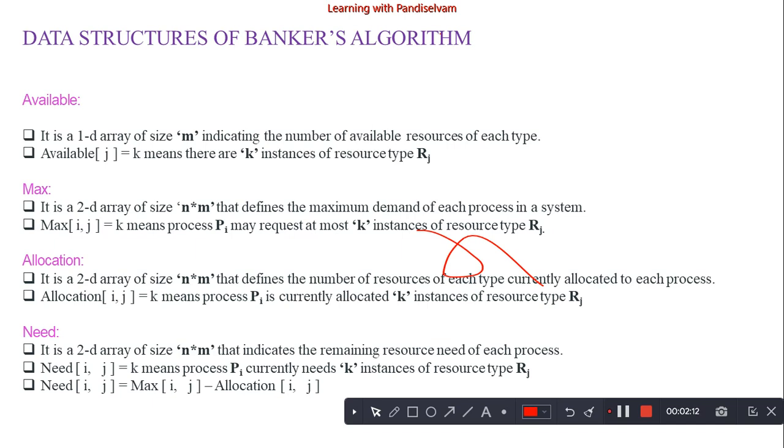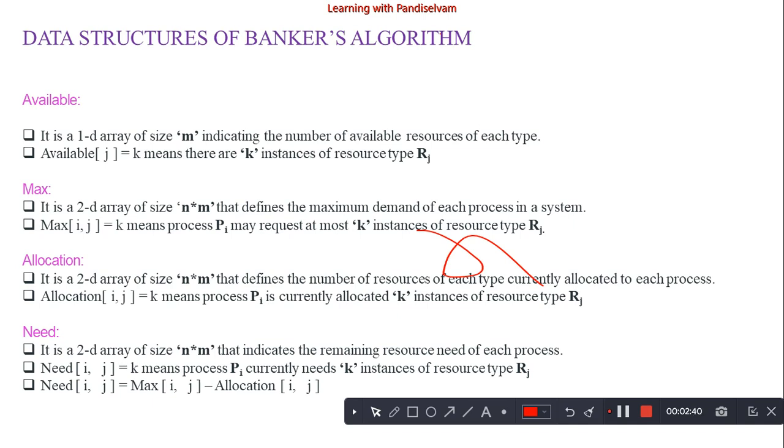In the previous video we discussed the data structures we need to know while applying the banker's algorithm. Available, which means currently available resources; maximum, the resources needed for the completion of the particular process; allocated, the already allocated resources; and need, what is the need of the particular process. These data structures are most important.